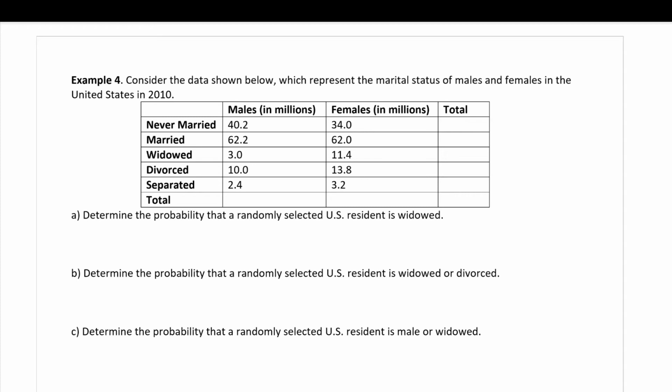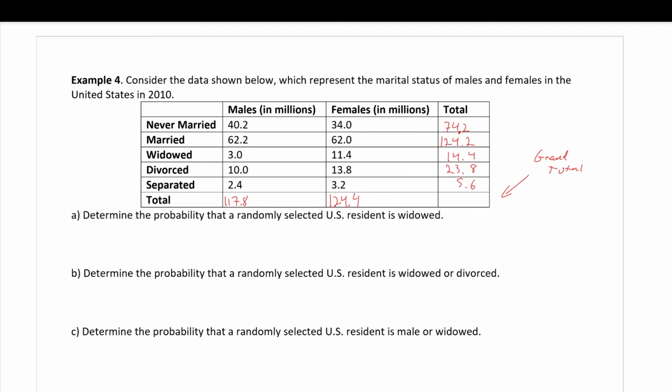So if you just add 40.2 plus 34.0, you're going to get 74.2. And so on. Let me go ahead and fill that out. And then same thing for these columns here. Now, this here would be considered the grand total. That's basically every one of these values being added up.